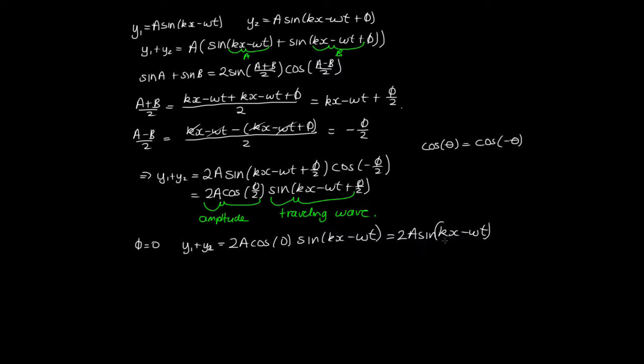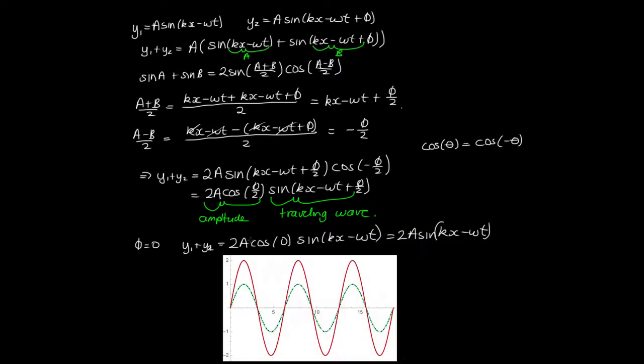We can look at a little graph of that now. Okay, so this graph down here shows us what we get in that situation. The blue and the green lines are directly on top of each other because we're adding together identical waves, and then the red line shows the resultant. So you can see the resultant has double the amplitude of either of the input waves.